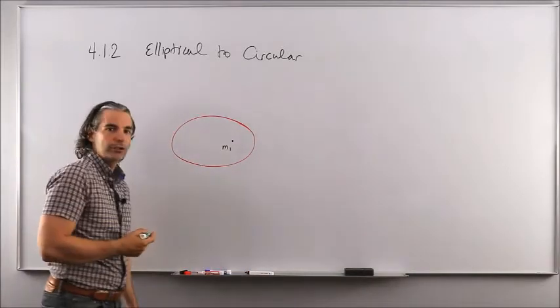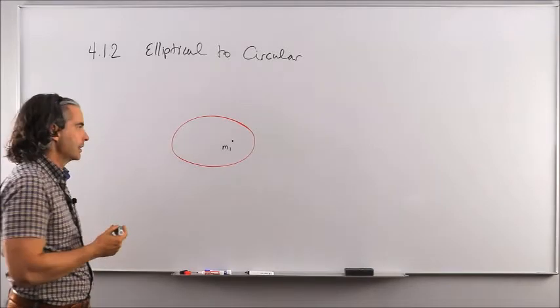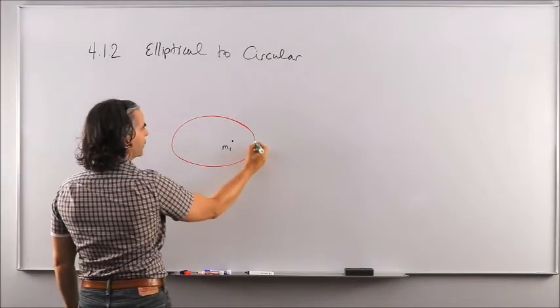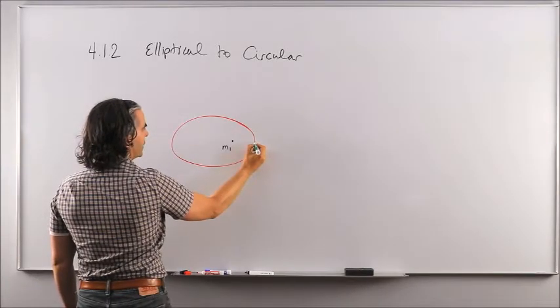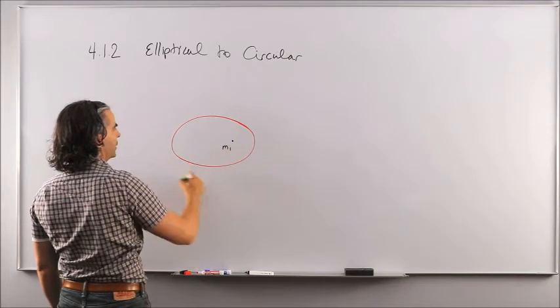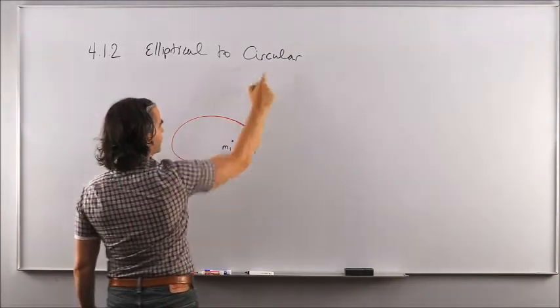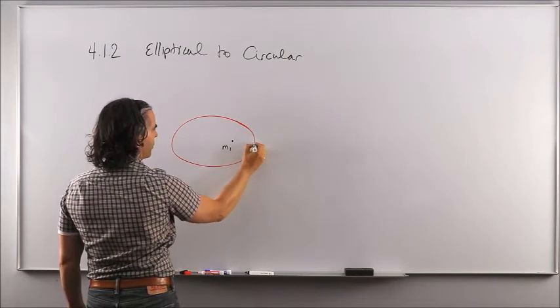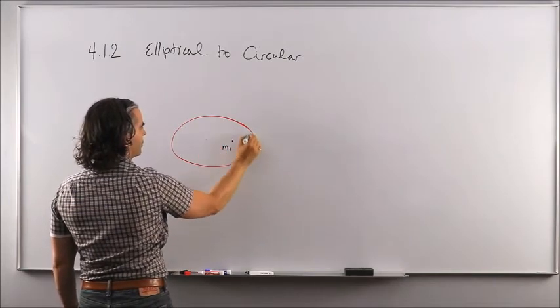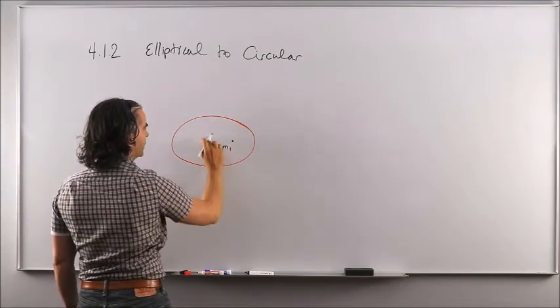Now, where would you like to apply the delta V maneuver in that case? Because if you apply the delta V maneuver here, you'll never be able to generate a circle bigger than this. Because if what you want is a circle and you apply the burn here, you are restricted to a circle that will be inside the ellipse, right?